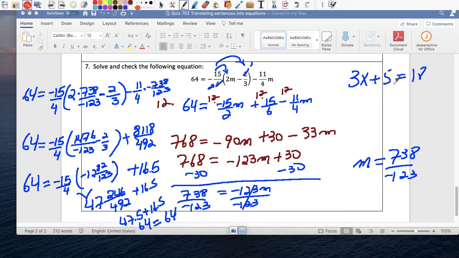When you always have your variable equaling a nice whole integer, sometimes it's nice. Because then you know that not all answers have to be pretty. Okay, so again, solve and check. Yeah, that's it. So 2 periods should be more than enough to do it.